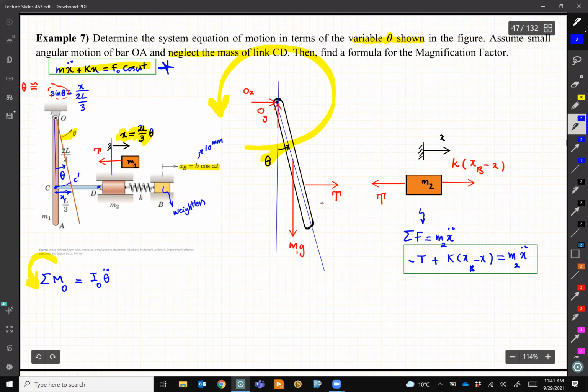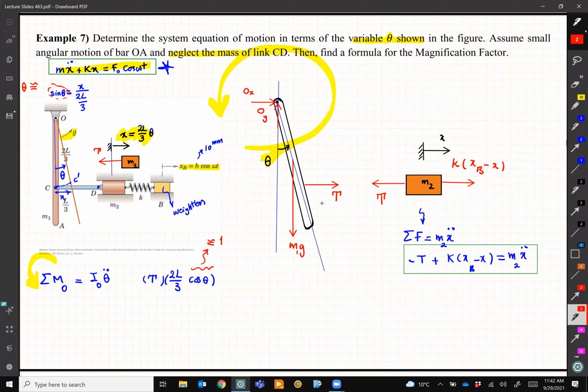So then it's going to be T multiplied by the distance 2L over 3. Of course, it is 2L over 3 cosine theta, but cosine theta, if you recall, we said we approximate it by 1.